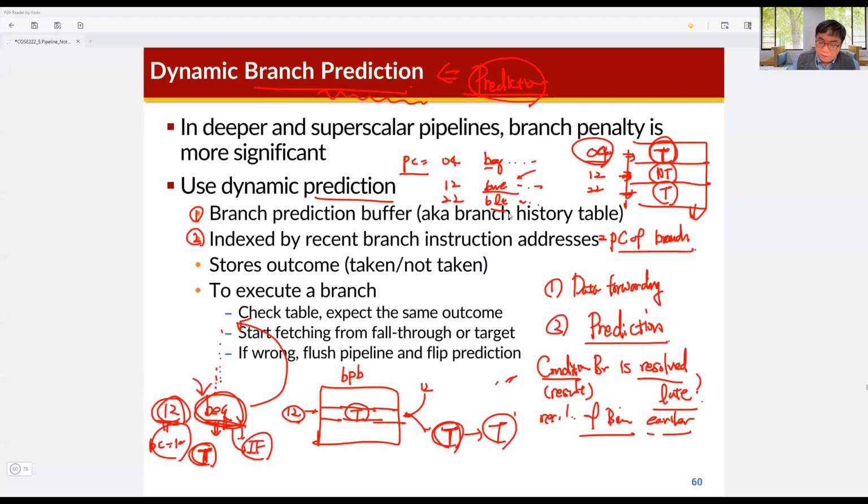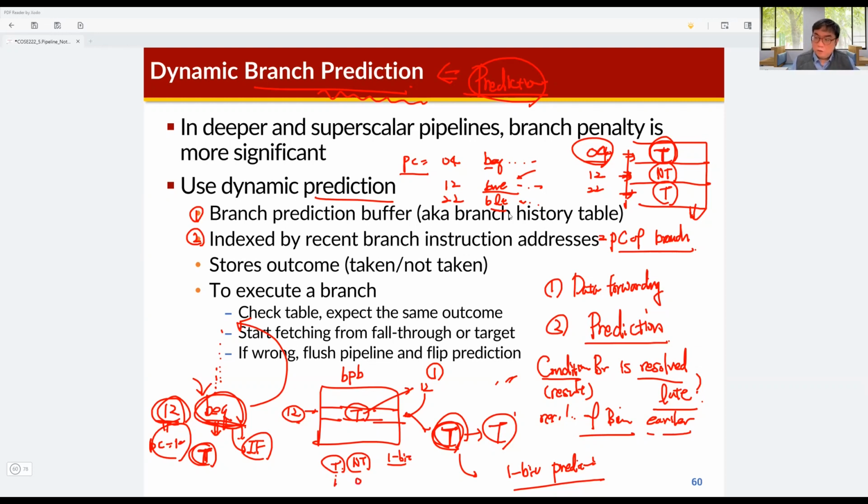So this is the 1-bit prediction. It is called the 1-bit prediction because we can only check one previous event of the branch instruction, and taken or not taken can be represented with 1-bit data, because it's just two cases, 1 or 0.